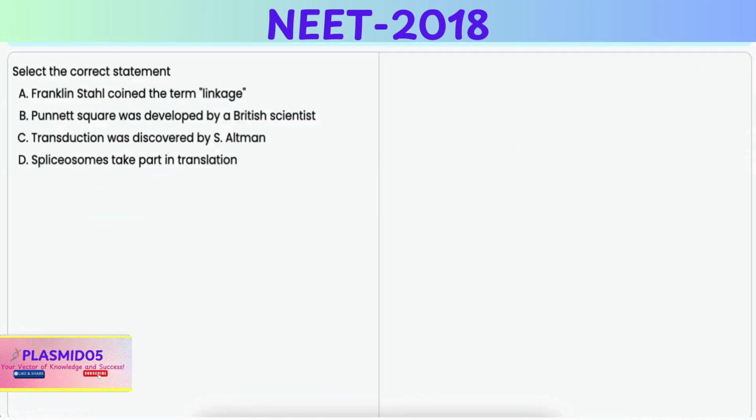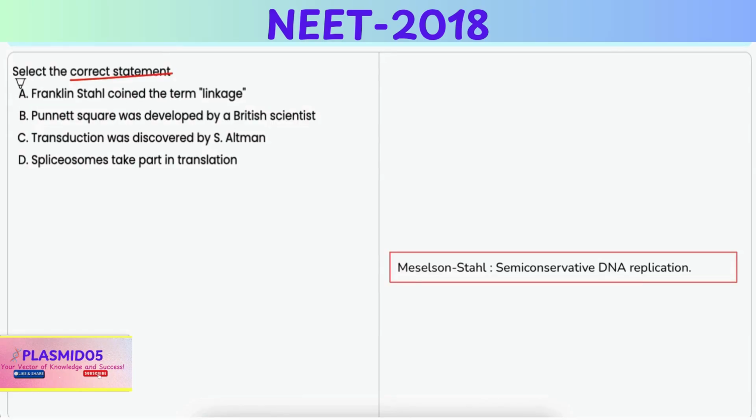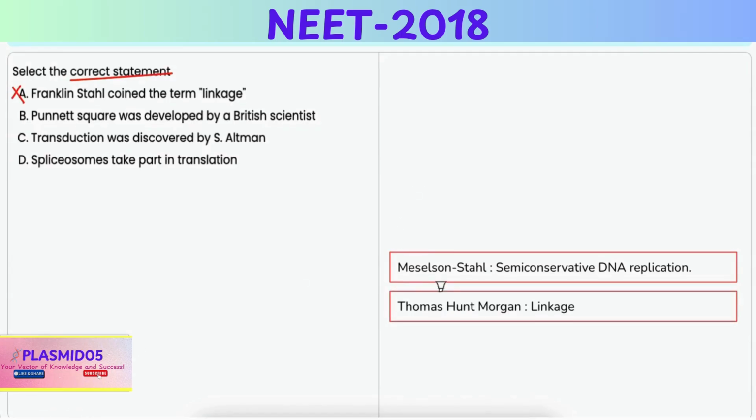In this question, you have to select the correct statement. Option A, Franklin Stahl coined the term linkage. It is incorrect because the term linkage was coined by Thomas Hunt Morgan and not Franklin Stahl. Franklin Stahl is known for the Meselson-Stahl experiment demonstrating semi-conservative DNA replication.